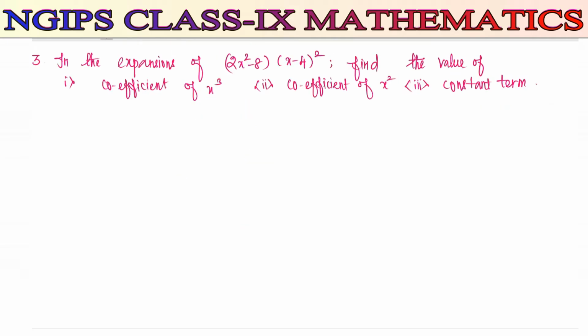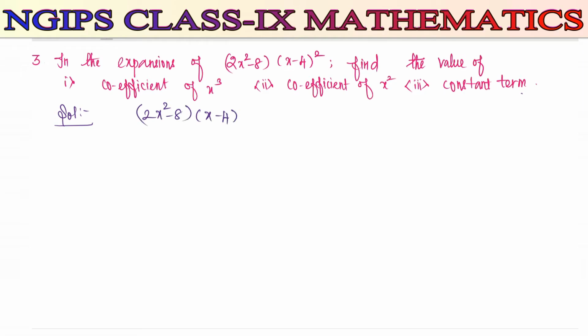Okay, now the third main question: in the expansion of (2x square minus 8) into (x minus 4) whole square, find the value of the coefficient of x cube, the coefficient of x square, and the constant term. Solution: given 2x square minus 8 into x minus 4 whole square.